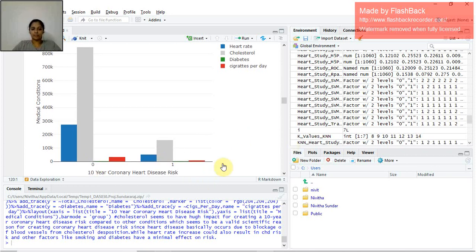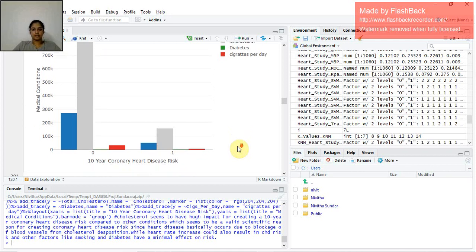Looking at the presence of risk, the gray indicates cholesterol and blue is the heart rate. Cholesterol seems to have a major and huge impact in creating coronary heart disease after 10 years, which is already evident in the scientific community because cholesterol is a major cause of heart diseases.